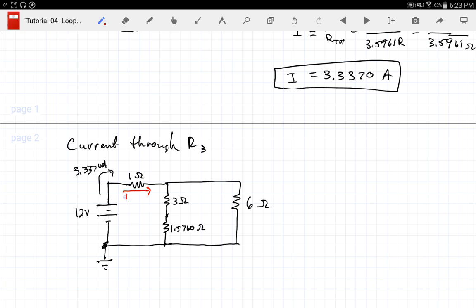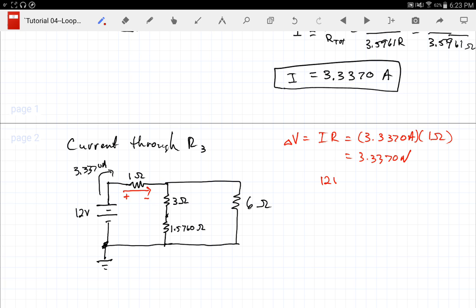So I started higher and went down, and the voltage drop is equal to IR, which in this case is 3.3370 amps times 1 ohm equals 3.3370 volts. So I go up 12 and then I drop 3.3370.